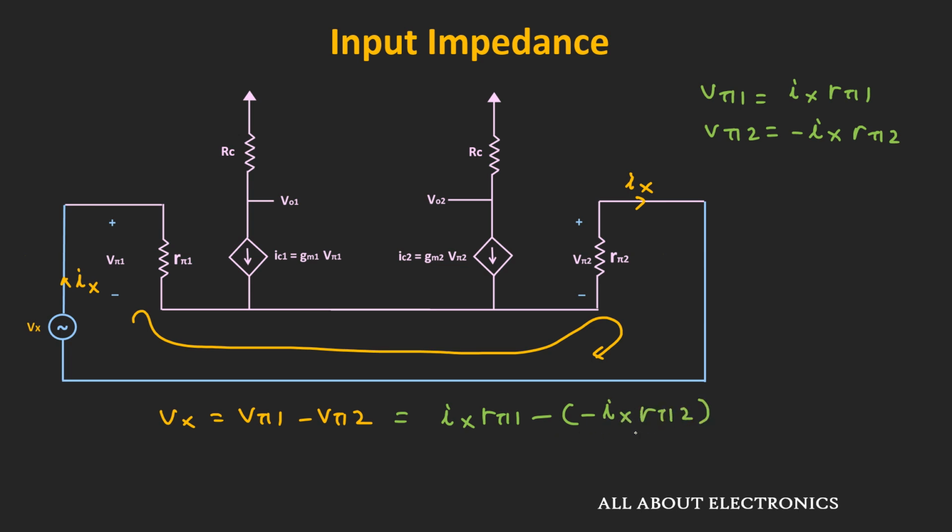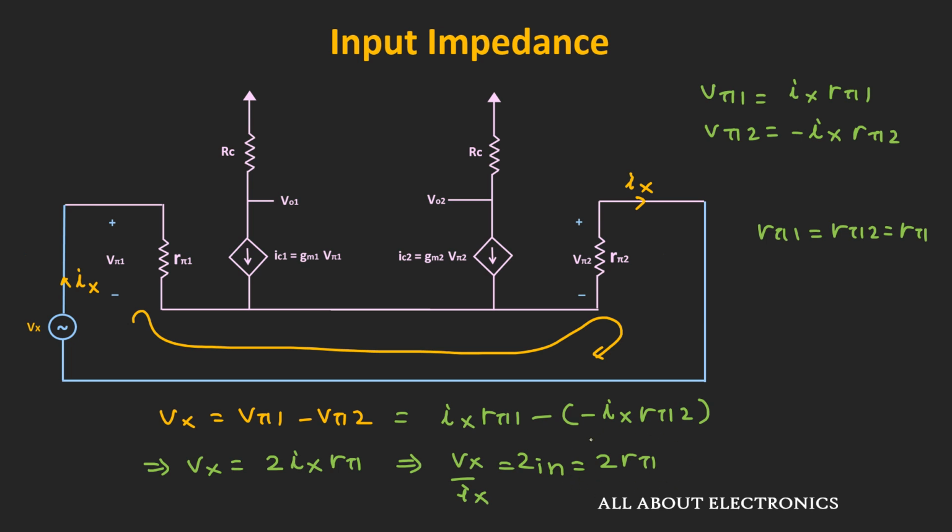And here we are assuming that rπ1 is equal to rπ2 is equal to rπ. That means Vx is equal to 2 times Ix times rπ, or the ratio of this Vx and the Ix, that is the input impedance, is equal to 2 times rπ. That means the input impedance of this differential amplifier is equal to 2 times rπ, where this rπ is equal to beta divided by gm.